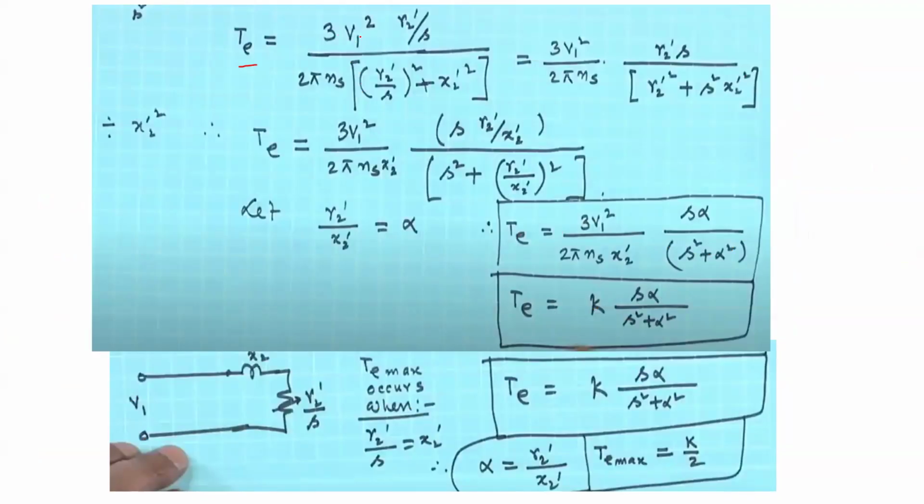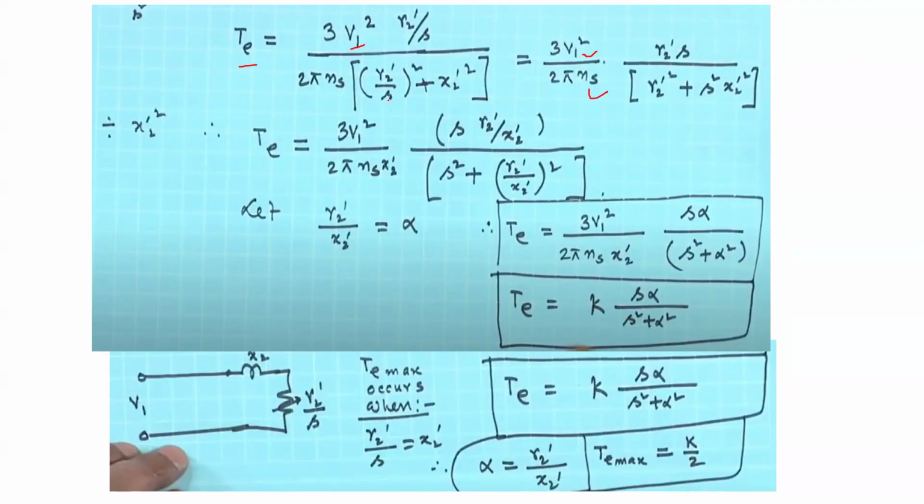It was 3 I2 dash whole square into R2 dash by S, divided by 2 pi N_S. I2 dash is V1 divided by the square root of (R2 dash by S whole square plus X2 dash whole square). But remember, this is I2 dash whole square, so the square root gets cancelled out and this becomes V1 square. So here we have 3 V1 square by 2 pi N_S, times R2 dash by S.